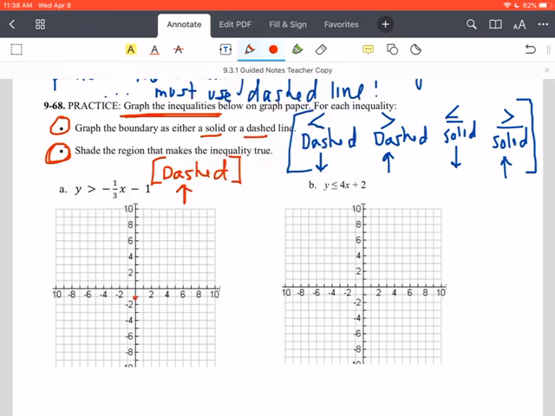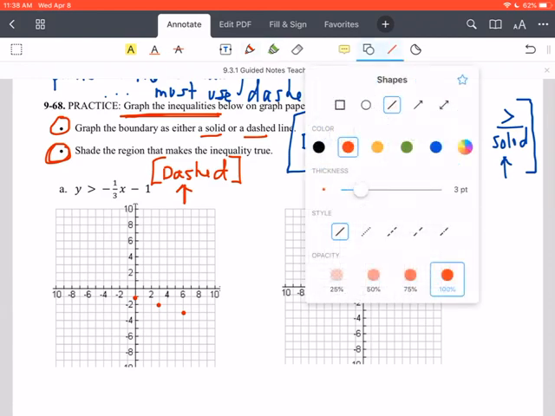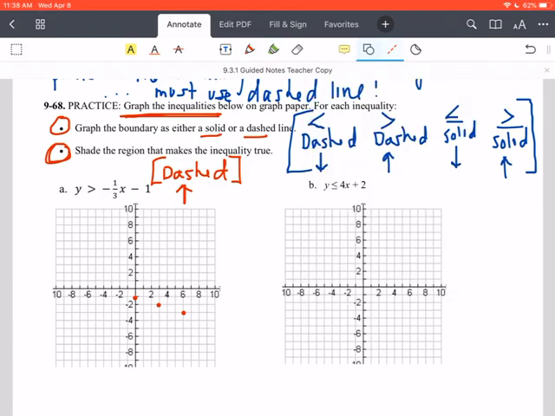Okay, and then our slope is down 1 over 3. It is negative. Whoops, sorry, I'm struggling with my dots. Okay, and then we already established, because it's not or equal to, we need to use a dashed line. So luckily I have my dashed line tool here.